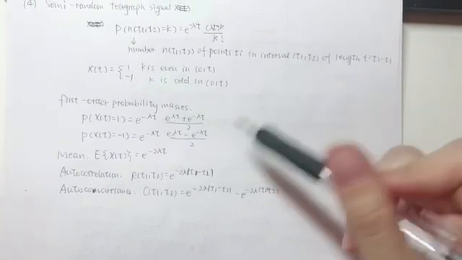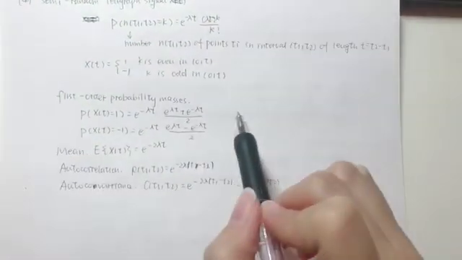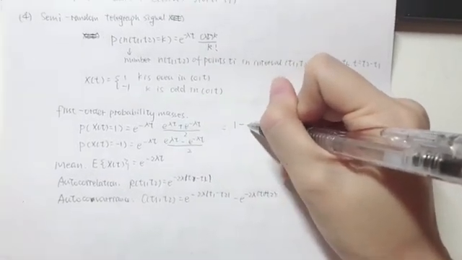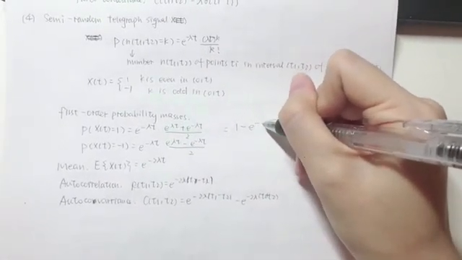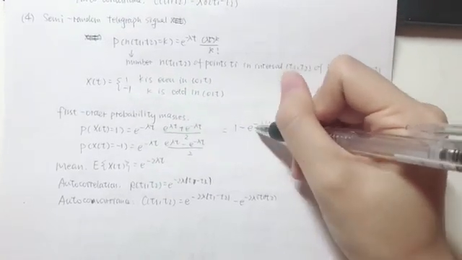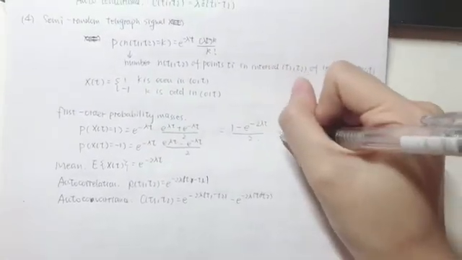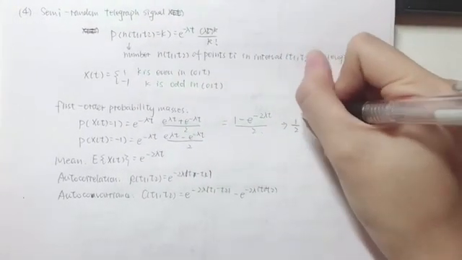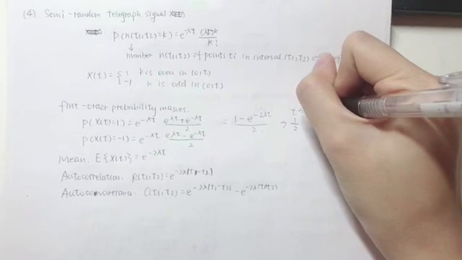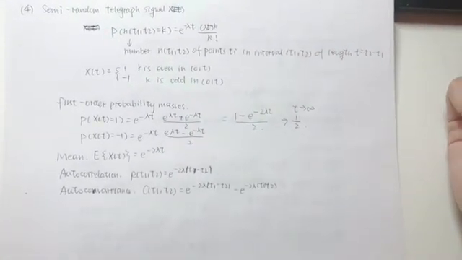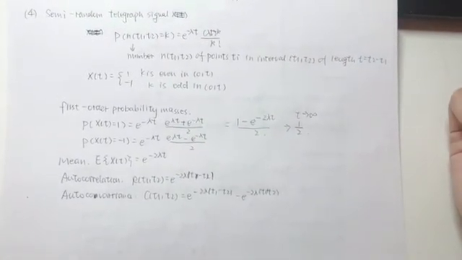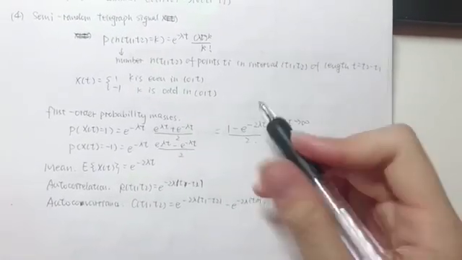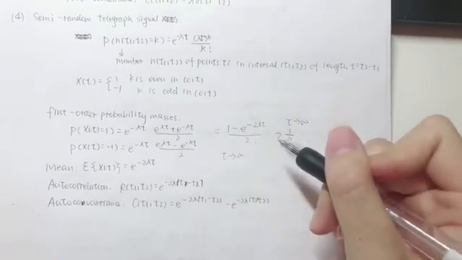The value will equal 1 plus e to the minus 2 lambda t, divided by 2, and will go to 0.5 when t goes to infinity.